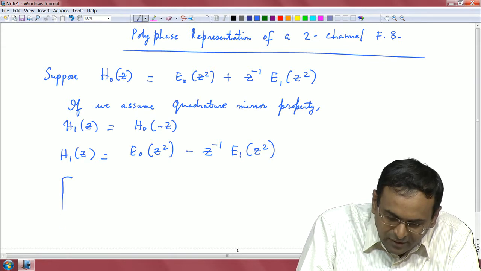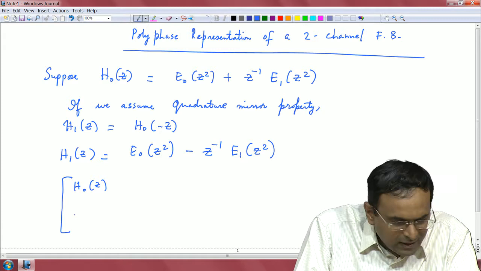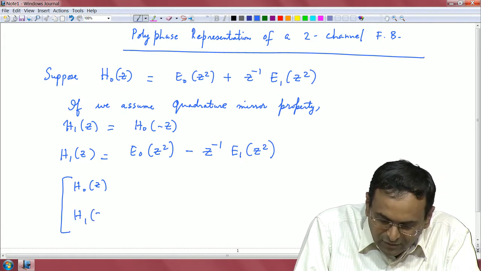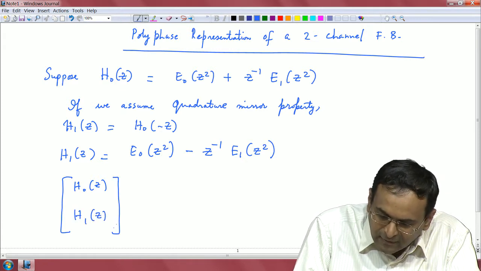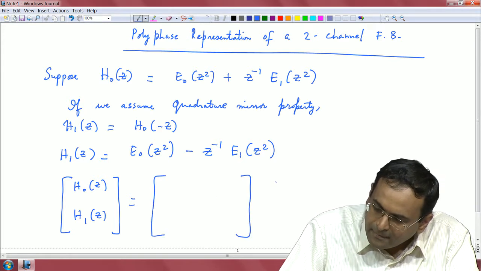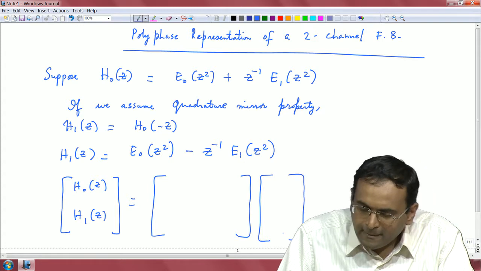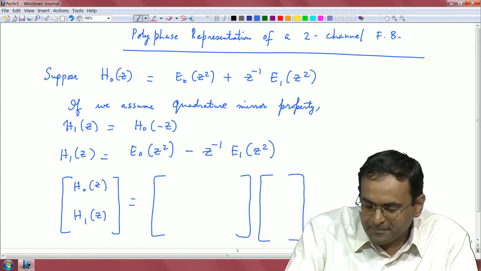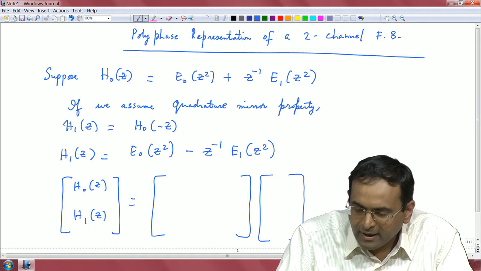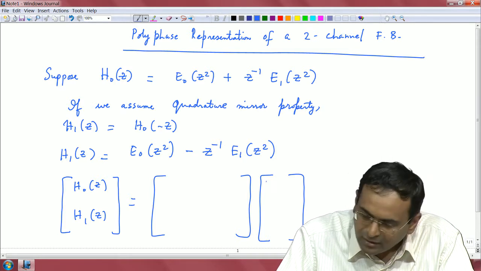the filters H naught of z, H1 of z, and combine them together as a column vector and express this in matrix form using the polyphase components.